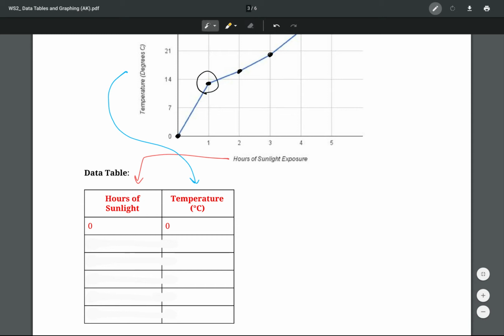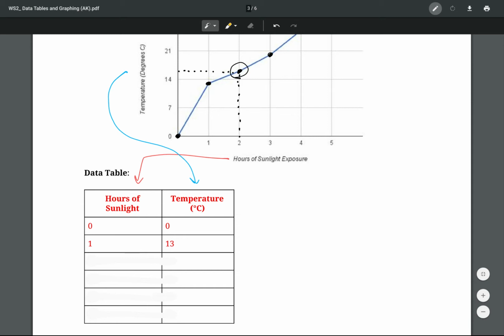The second data point now has 1 hour of sunlight exposure if we look at where it is on the x-axis, and it has just less than 14 degrees Celsius. So we can estimate that to be about 13 degrees. Our next data point right here is at 2 hours of sunlight exposure and more than 14.